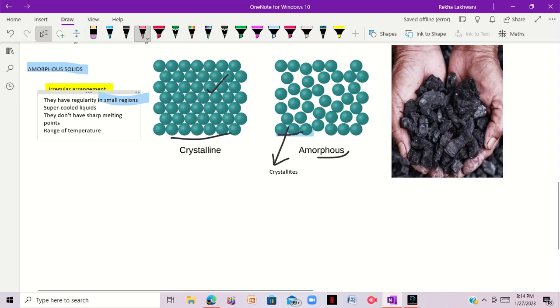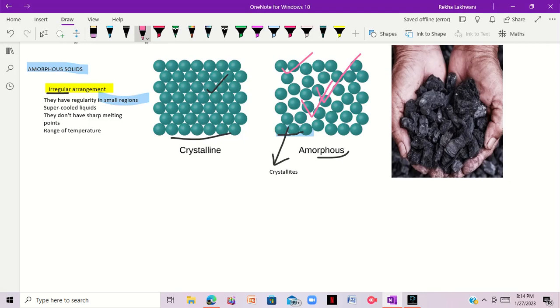In crystalline solids there is a regular arrangement, so every molecule needs the same temperature to melt. But over here this molecule needs one temperature, this one needs another, and this one needs another. That's why they have a range, for example 150 to 156, or 200 to 201. There is no fixed sharp melting point.